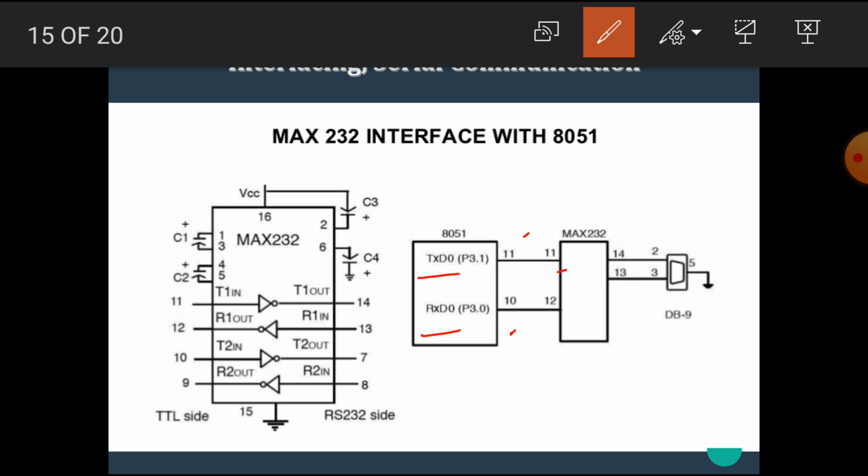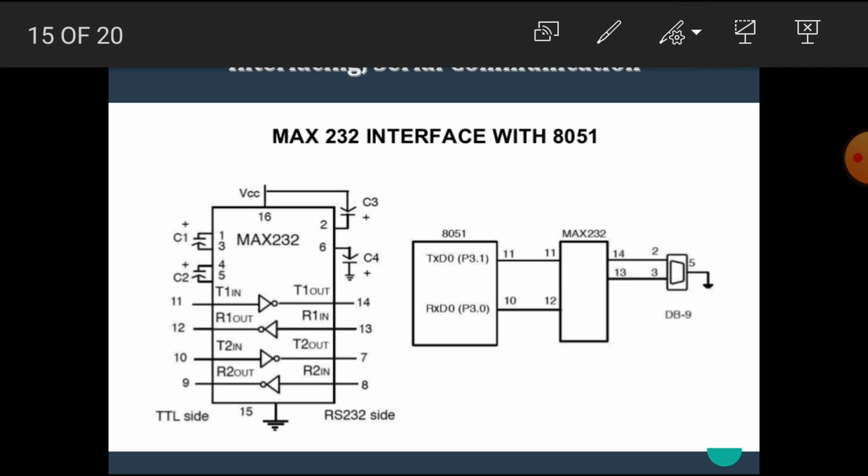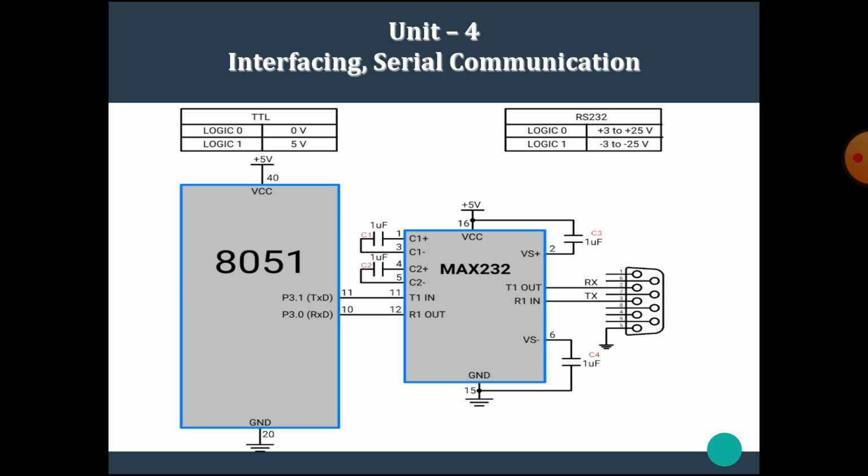Pin number 11 of MAX232 is T1 in, while pin 12 is R1 out. These are connected with each other, and the output, that means T1 out, is connected with the second pin of DB9, and pin 13 is connected with the third pin of DB9. These are the interfacing connections of MAX232 with the 8051 microcontroller.